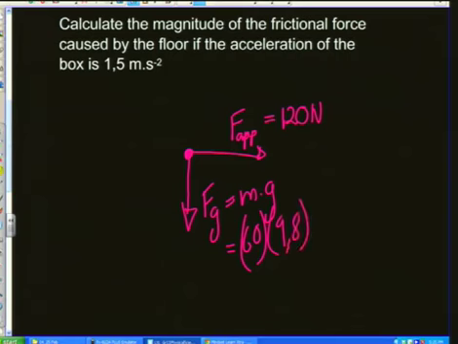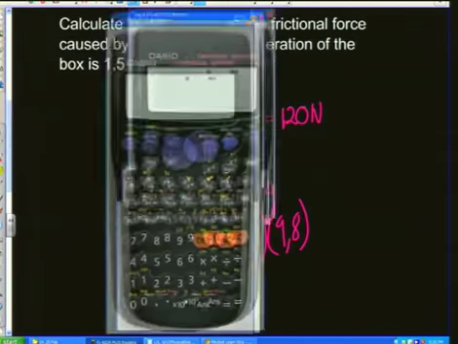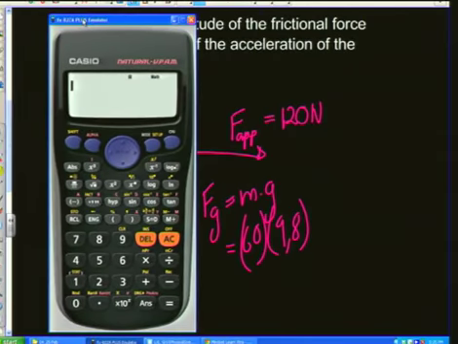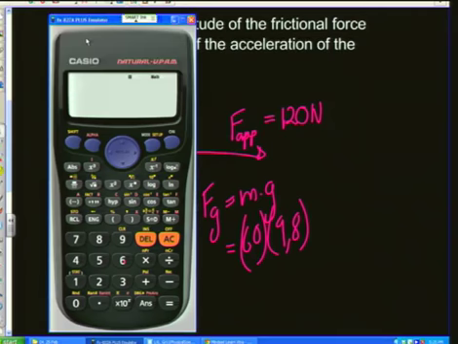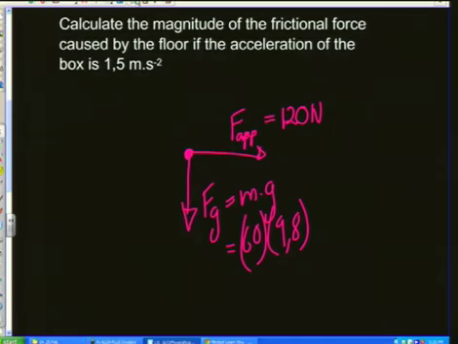Using our calculator, 60 multiplied by 9.8 equals 588. So 588 is my answer, and that's newtons.